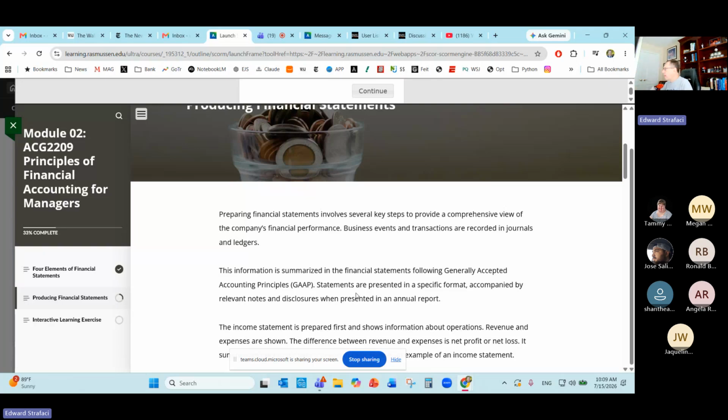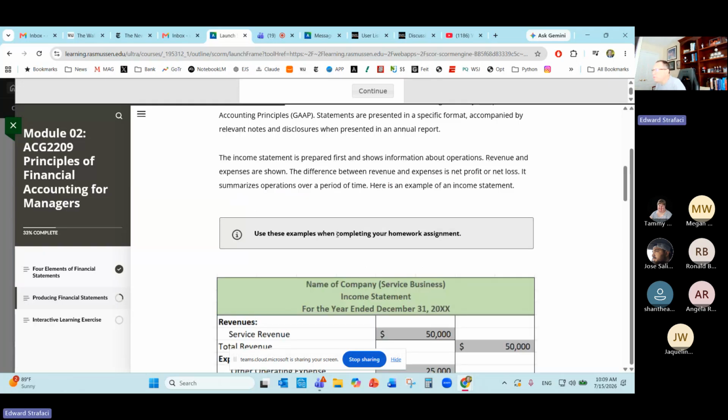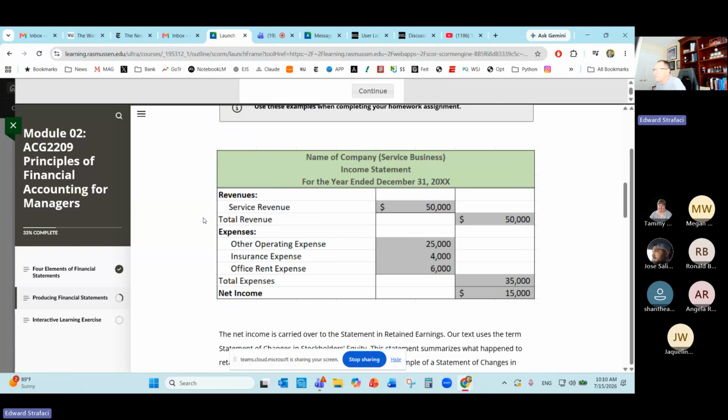That's how you figure out how to treat different financial situations on your books. And you could use these examples when you're completing your assignment.